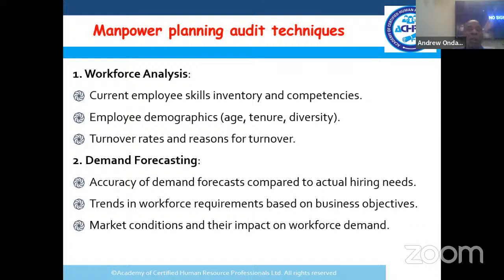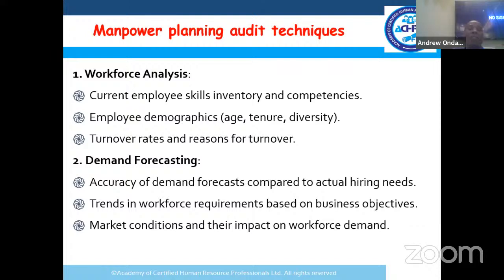And when you talk of requirements, I am referring to the number of people our organizations are likely to require, or the skill sets that will be required in the future. So that is the requirement. Requirement in 2 ways: 1, the numbers, and 2, the qualities of people required in the future.